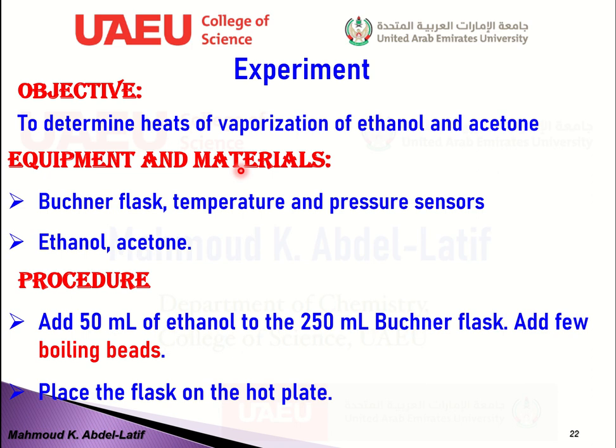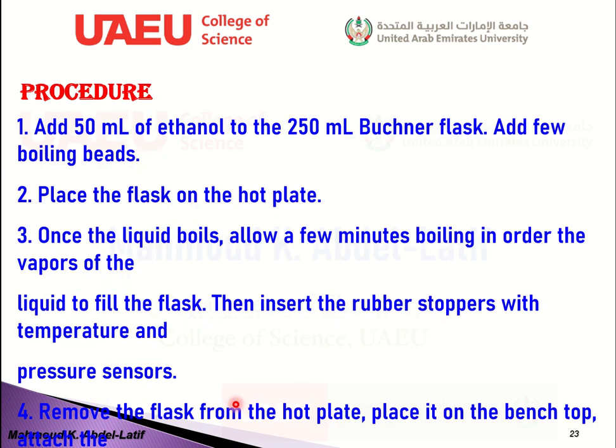You are going to use the Buchner flask, temperature and pressure sensors to determine the temperature and the pressure, and the solvents under consideration are ethanol and acetone. For the procedure, add 15 milliliters of ethanol to a 250 milliliter Buchner flask, and add a few boiling beads to prevent strong boiling. Then place the flask on the hot plate.